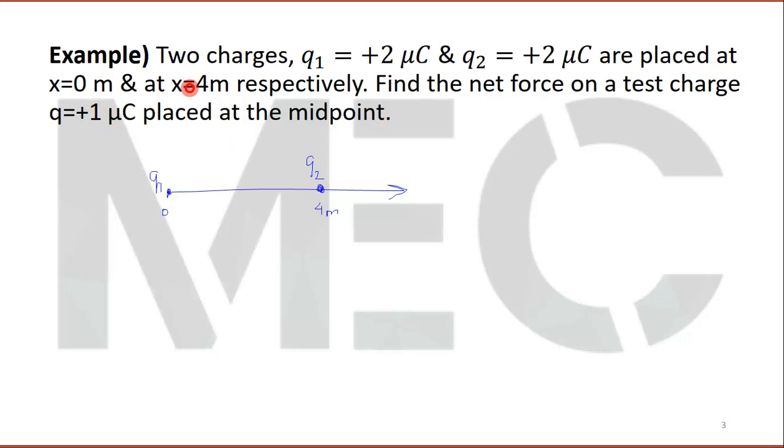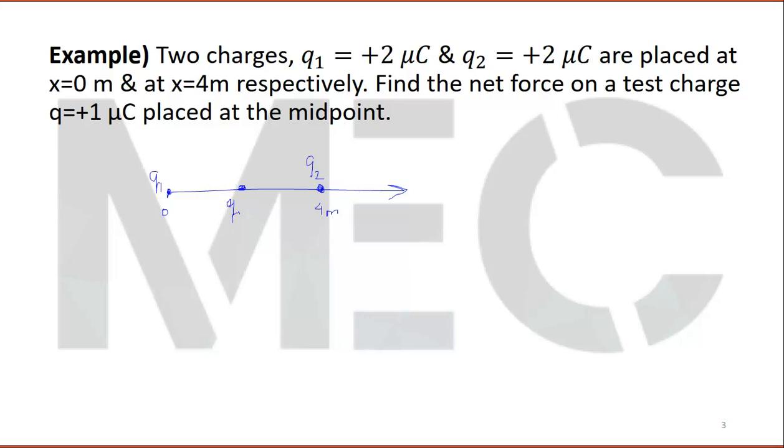The question says find the net force on a test charge of 1 microcoulomb placed at the midpoint. So here we have a test charge Q, which is positive 1 microcoulomb. Let me draw it here.